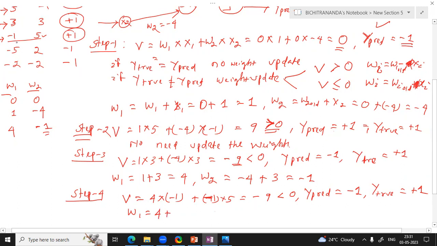What is the x value? Minus 4, plus, sorry, what is w2? W2 equal to present w minus 1 plus my x, here which x? This is 5. So this is here 3 and this is here 4. Now this is the updated value 3 and this is the 4.